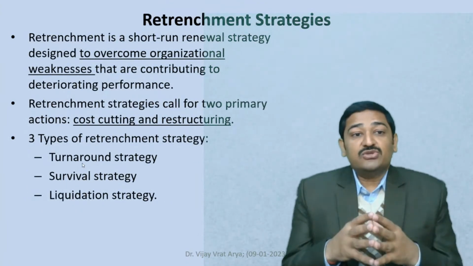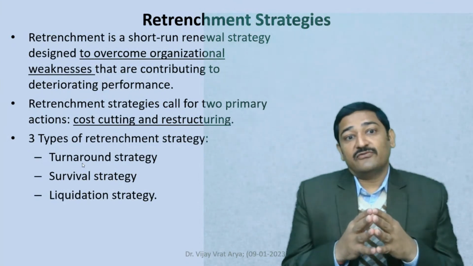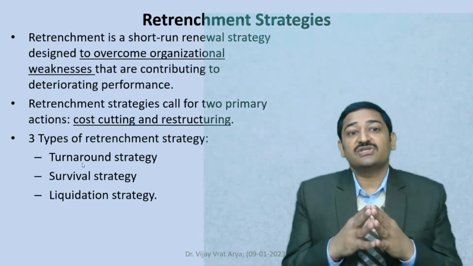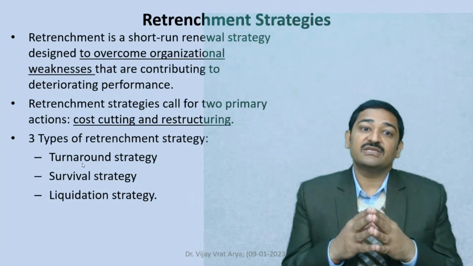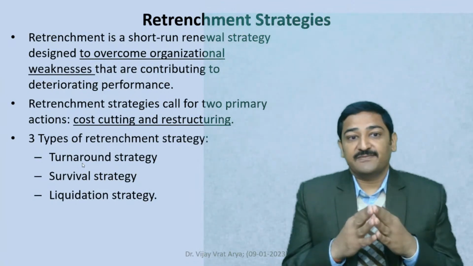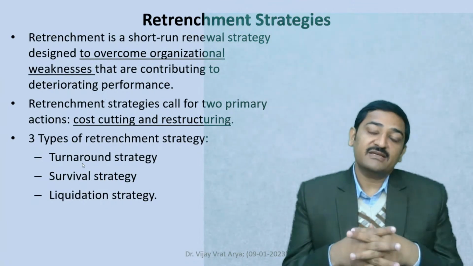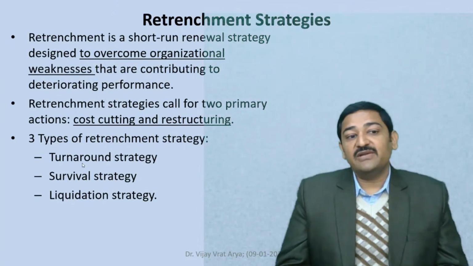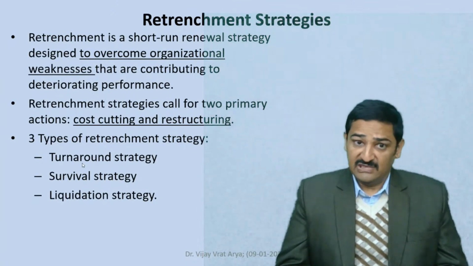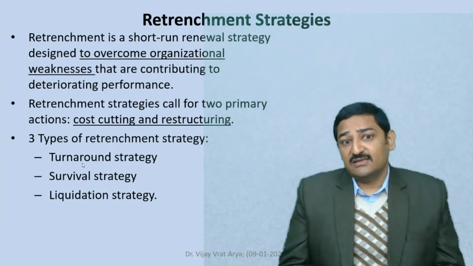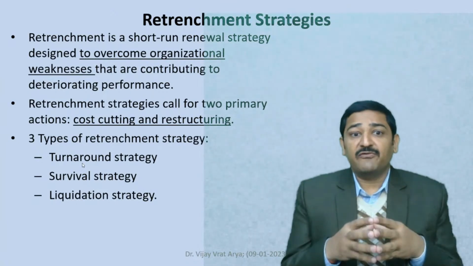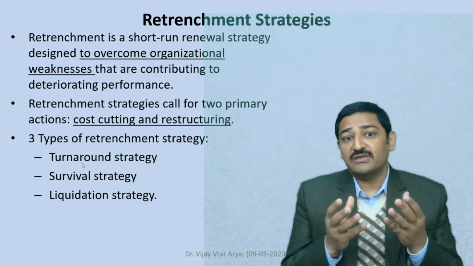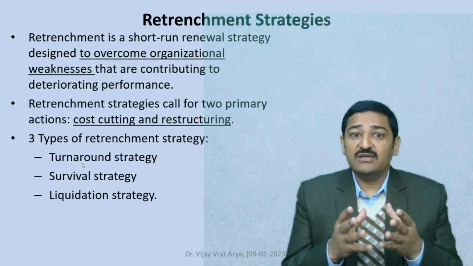Now we have reached the final stage of our discussion of corporate strategy, and therefore the last strategy, or in fact the third last strategy, is the retrenchment strategy. In that case, you will notice that during a specific situation, the companies find it very difficult to sustain. Those situations could be, as discussed earlier, poor performance, maybe the recession period, maybe the rate of return is something not favoring the organization.